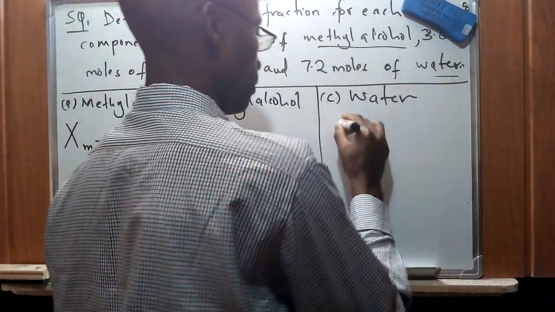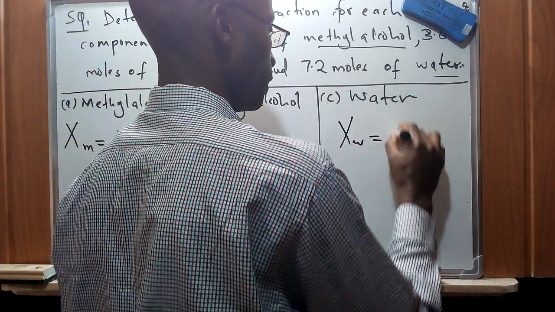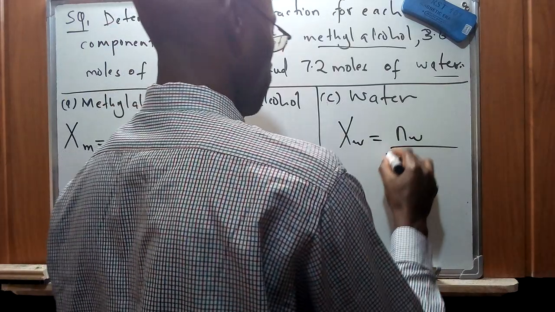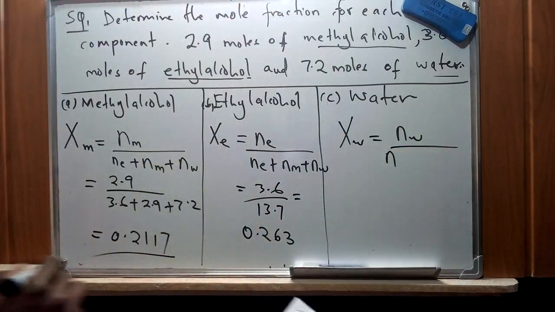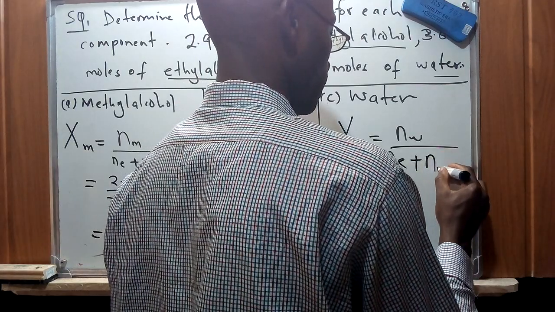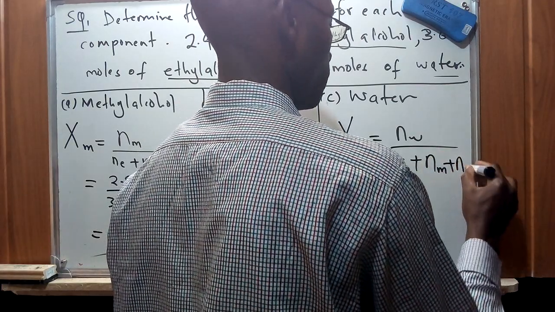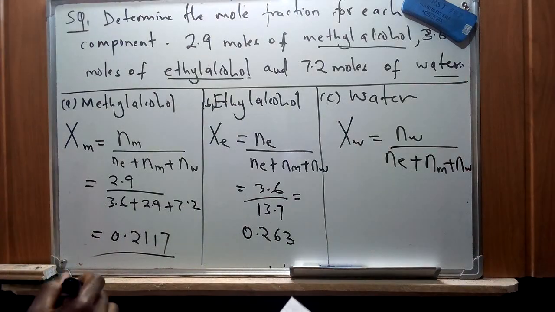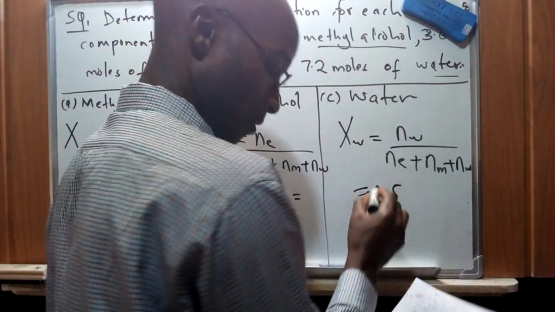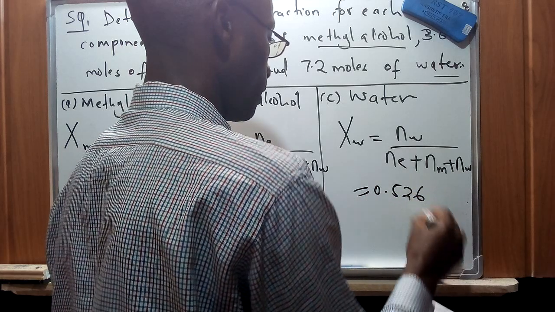And the last one, the mole fraction for water, is the number of moles for water divided by the number of moles for ethyl alcohol, methyl alcohol, plus water. This is going to give us 0.526.